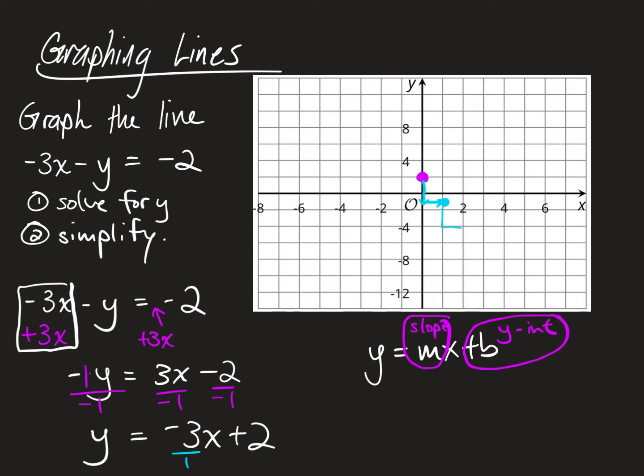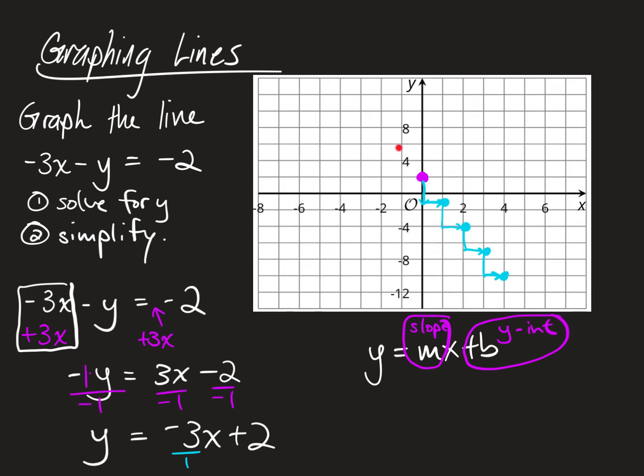And we're just going to keep repeating that process over and over. I think that's enough there. And I didn't go over this in the last example, but we do need to go to the left as well. So we started at the y-intercept and only went to the right.